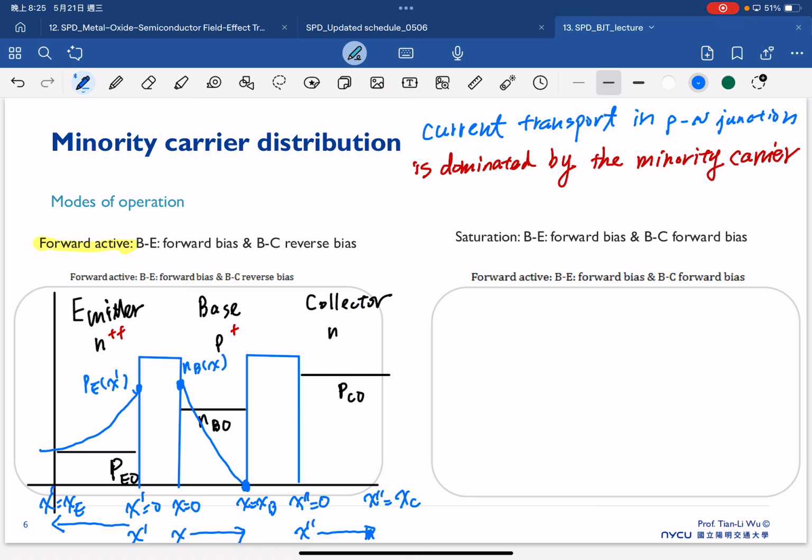Similarly, this is under reverse bias, so everything should always start from 0, but in the end it will still come back to reach PC0. So we will have the profile like here. This is PC at x double prime. So that's the first minority carrier distribution, in the case of forward active, where BE is forward biased and BC is reverse biased.